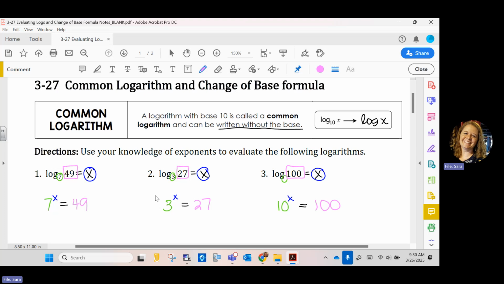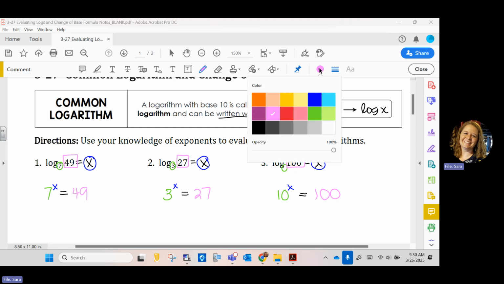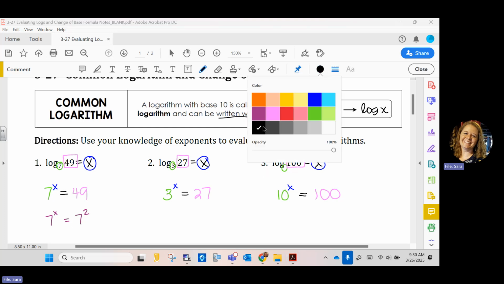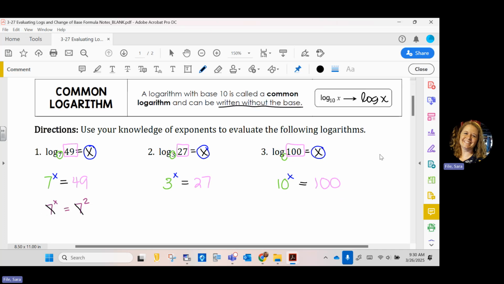So x is 2. Now, if you don't know it immediately, let me show you what we did before spring break in Unit 8. We did substitution here to get matching bases. Remember, we said if we can get the bases matching, 49 can be replaced with 7 squared. And then if your bases match, by that one-to-one property, the exponents must be equal.